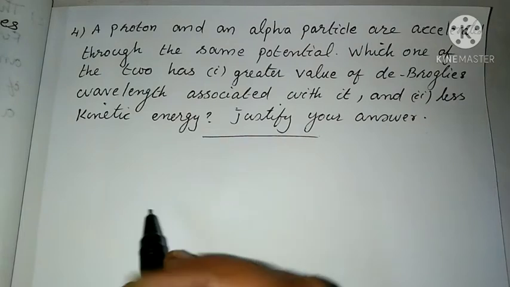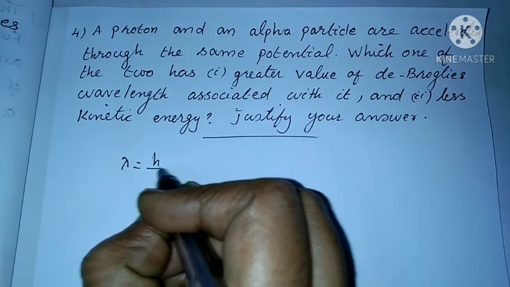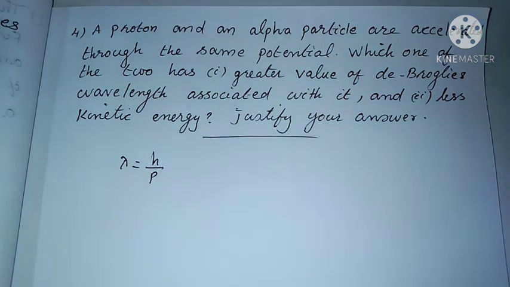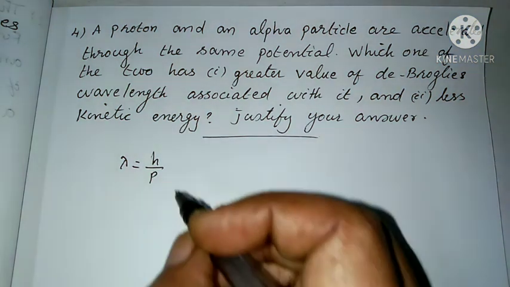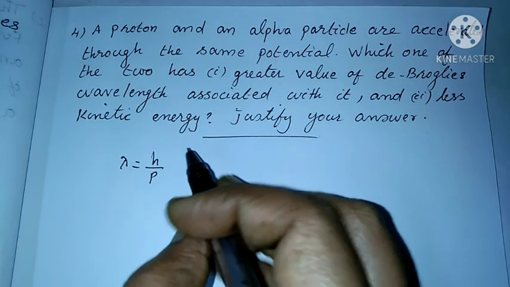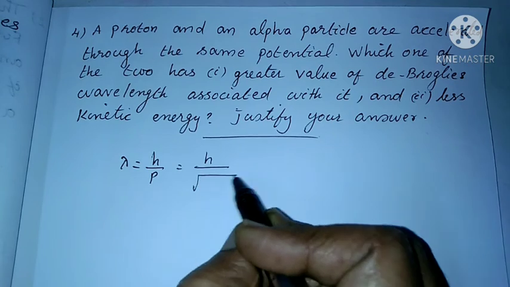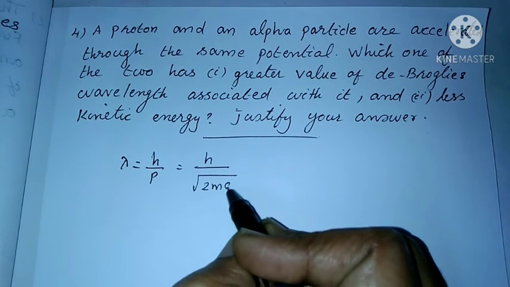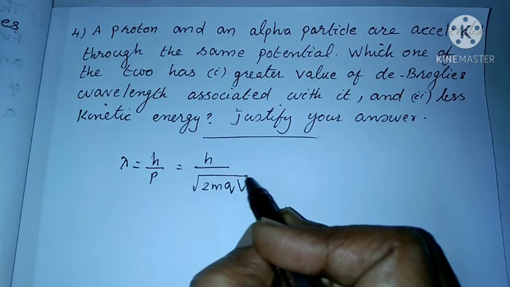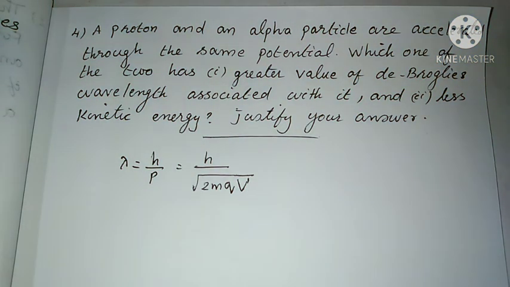So you know that the de Broglie wavelength lambda equals h by p, where p is the momentum. We can write the momentum in terms of q and V, so that it is equal to h divided by root of 2mqV. V is the potential, q is the charge, and m is the mass.